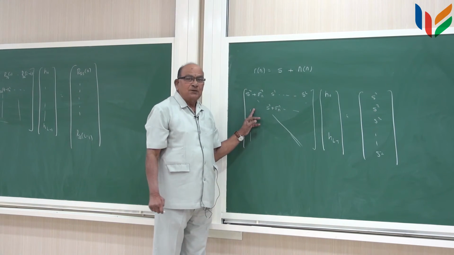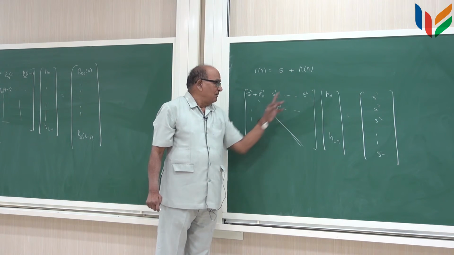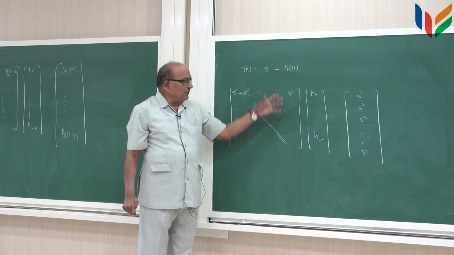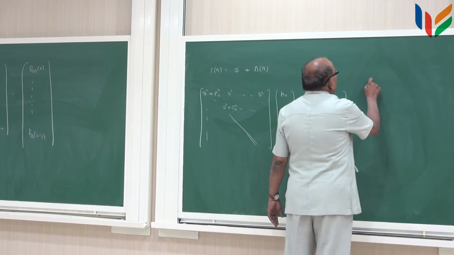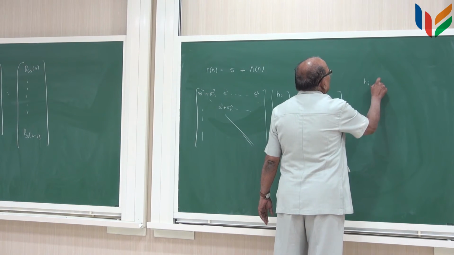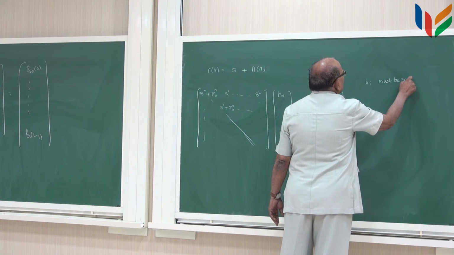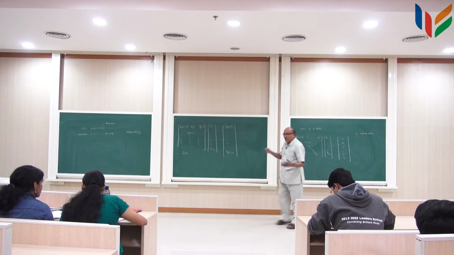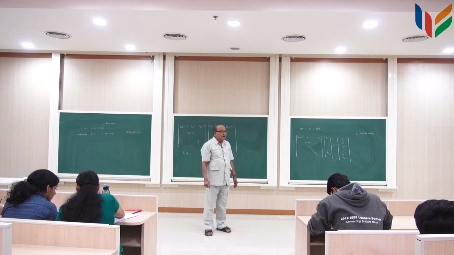Similarly, the second equation is S square into H0 plus S square plus sigma square into H1, and so on and so forth. So you can immediately see here, one answer is all the HIs must be the same, because all HIs will have the same equation.